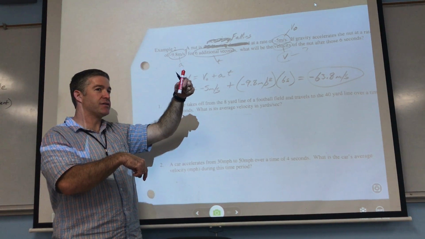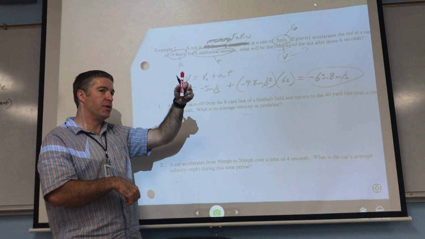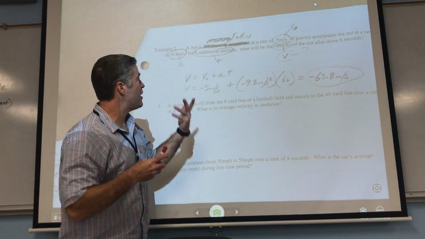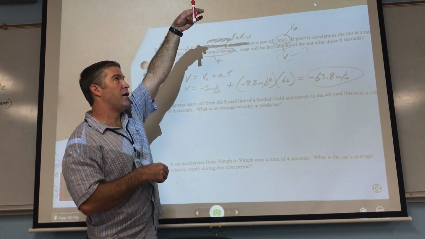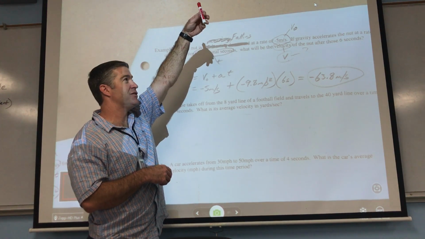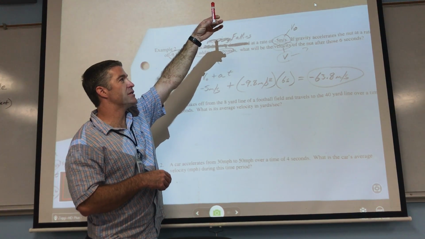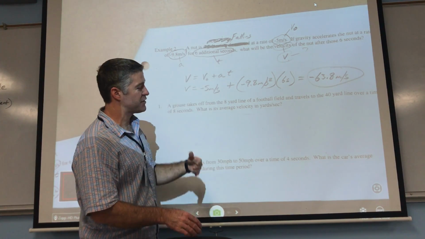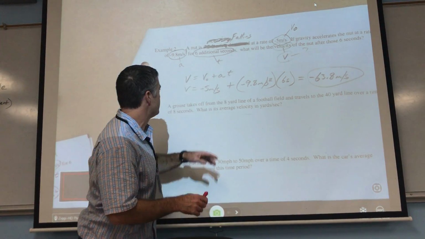And as it keeps falling, it's going to get faster than that, but faster downward. So if I'd made this problem, a nut falls from rest, somebody holds a nut for the sake of physics and releases the nut, how fast is it going to be going after 6 seconds? We could still use this formula.